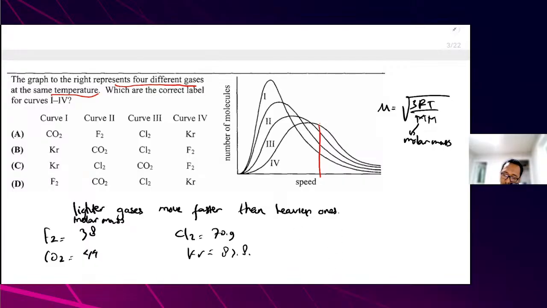It should be F2, because the highest speed is in this part. If we are looking at the Gaussian over here, this is the speed, and the Gaussian will be here. This one will be here.